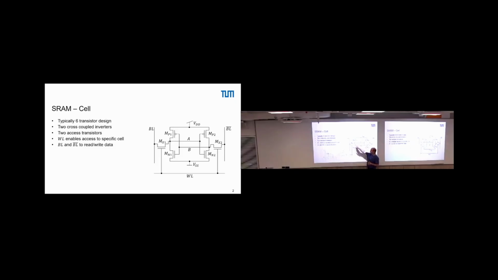However this is possible, maybe during the power on of the device, we somehow reach this point by chance, and our cell hangs in the state. A state we actually don't want because it means that we have permanent current flowing from VDD to ground, because both transistors are conducting here.